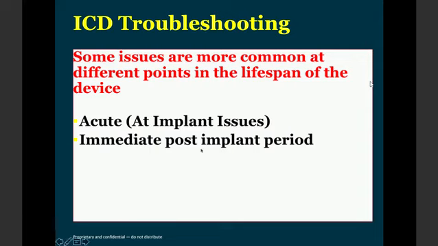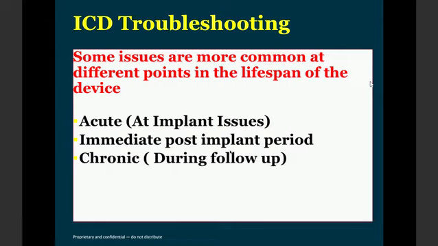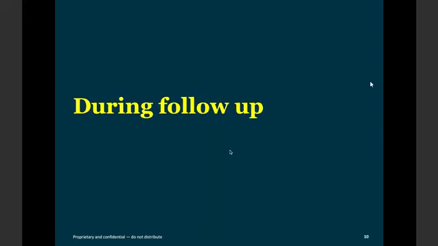The next is immediate post-implant. Everything went on well. The next day you have a problem. It may be a lead displacement. It may be some suboptimal connections between the lead and the device due to a loose set screw. They happen in the immediate post-implant period. And the last thing is chronic, during long-term follow-up, which will be the focus of our presentation today.